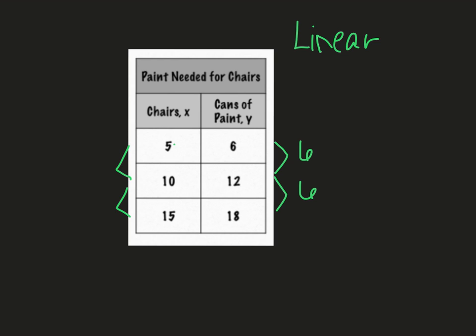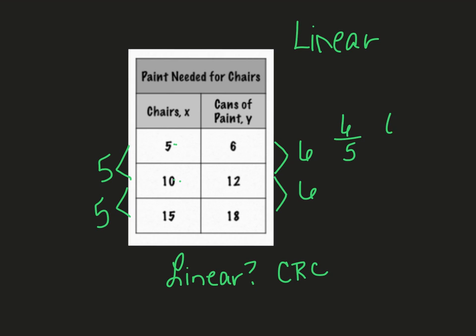Well, the X's go from 5 to 10, which is 5. 10 to 15, which is 5. So is it linear? Absolutely it is. All right, what's the constant rate of change? Well, it's 6 over 5 and 6 over 5. They're reduced, so it's 6/5.